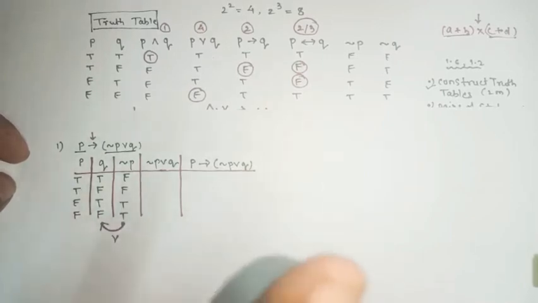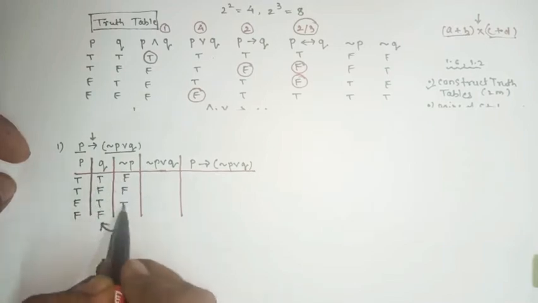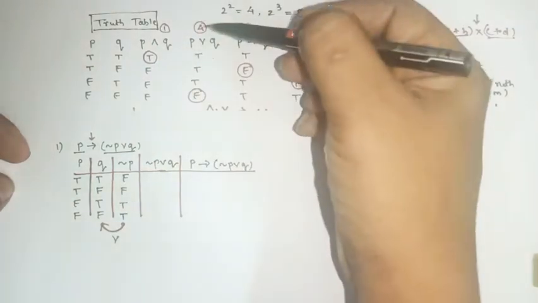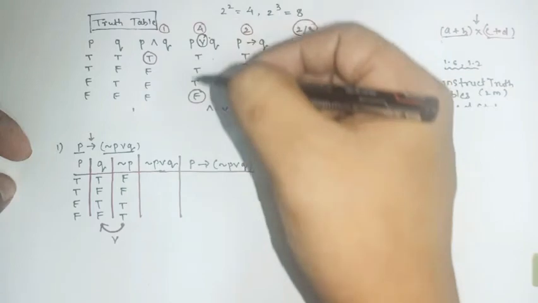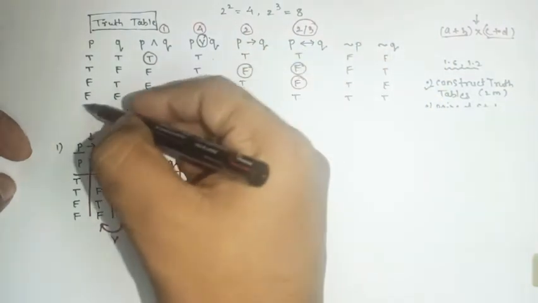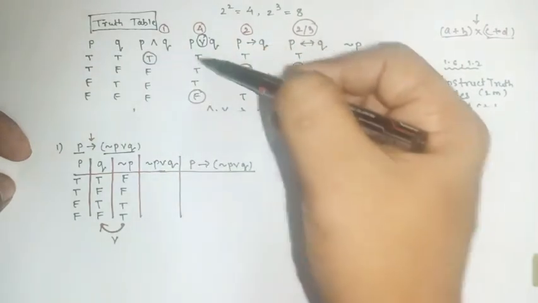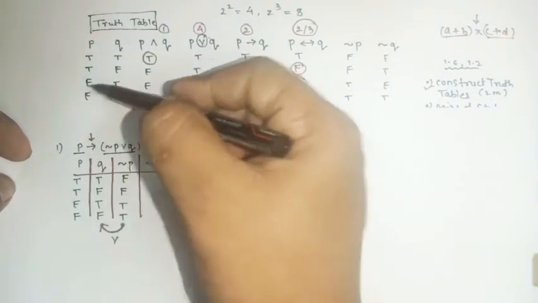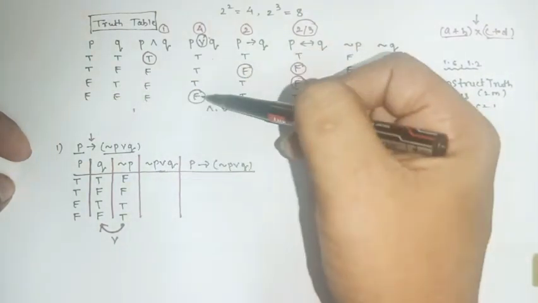So there are two methods. The first one is to see for each and every term, or else we know that for OR, simply check false or false, because when it is true true it is true, when it is true false or false true it is true, but for false or false it is false.